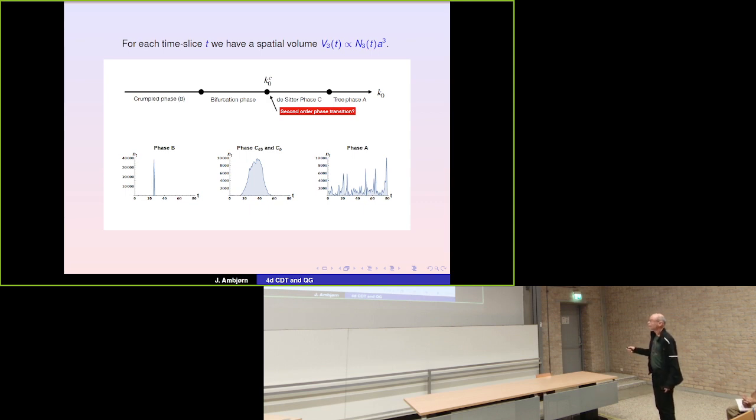So when this bare coupling constant is small, there is no space-time. Time collapses to just a single slice here. And when it is very large, there's also no interesting space-time because all spatial slices are basically not correlated at all. They just fluctuate randomly.